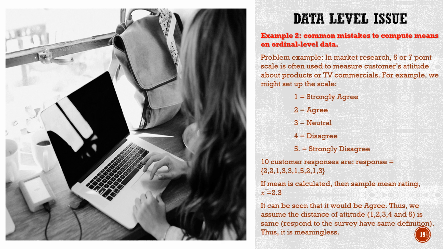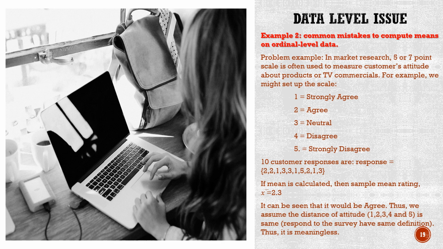Okay, the second example. Let's say that there is a survey about the customers' attitude about the products or TV commercials. We have these 5 levels of scale here, ranging from 1 until 5. Let's say that we have 10 customers who respond, and this is the value of the responses from these 10 customers.